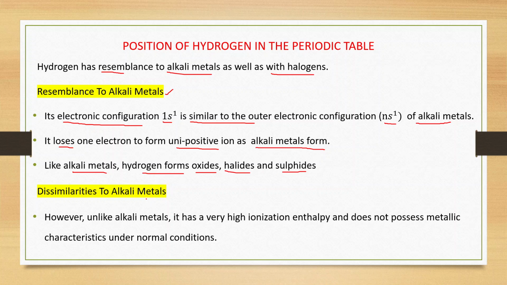But in some properties, hydrogen shows dissimilarities to alkali metals. Unlike alkali metals, it has a very high ionization enthalpy. Clear? As we know, alkali metals have very low ionization enthalpies and do not possess metallic characteristics under normal conditions.